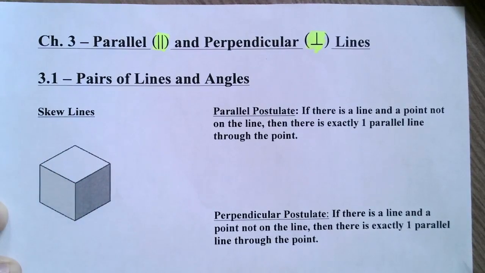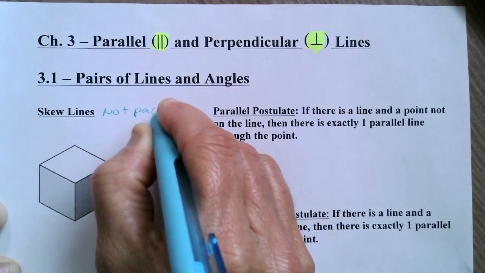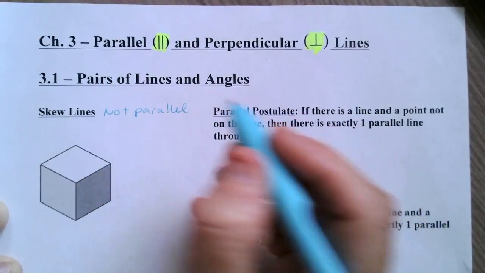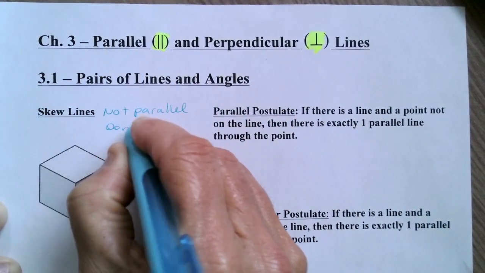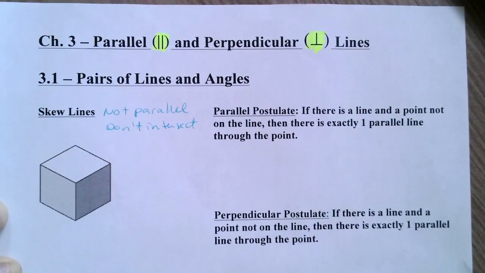The first thing I want to mention here is what skew lines are. Okay, skew lines are lines that are not parallel, and they don't intersect. So basically, skew lines are two lines that lie on different planes.